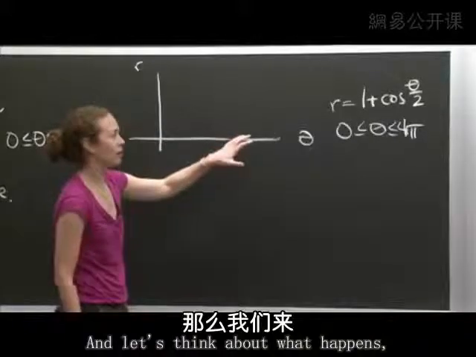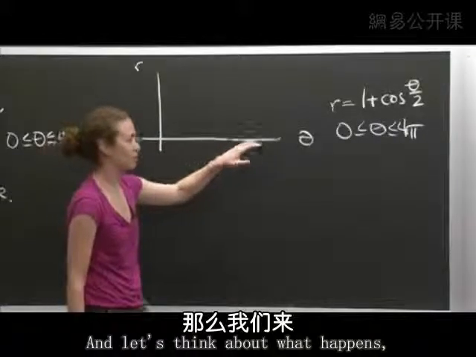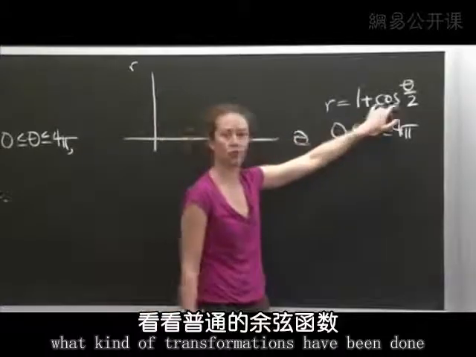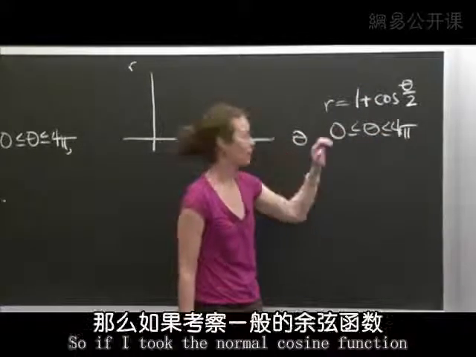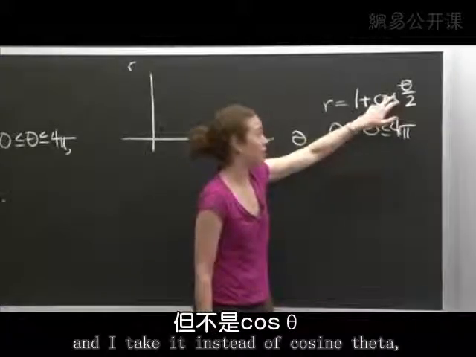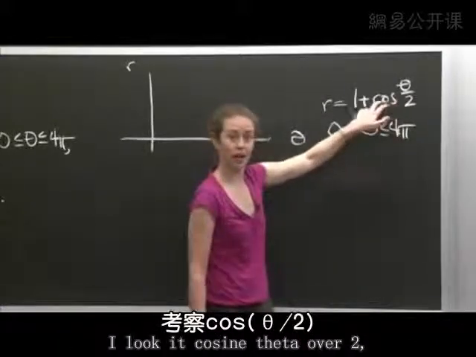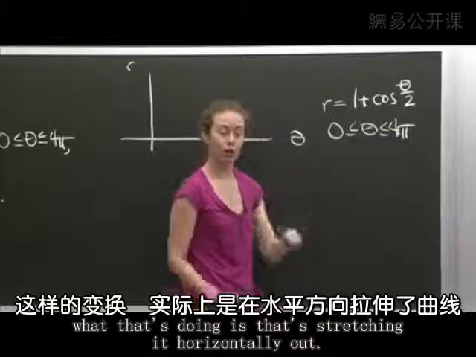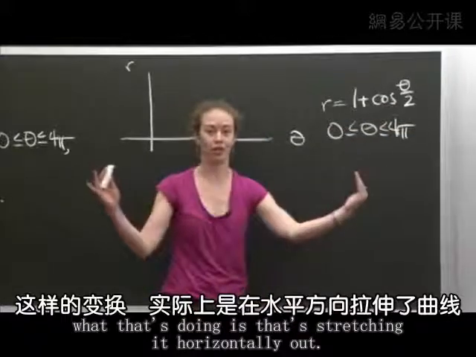Let's think about what kind of transformations have been done to the normal cosine function. If I take, instead of cosine theta, cosine theta over 2, that's stretching it horizontally.